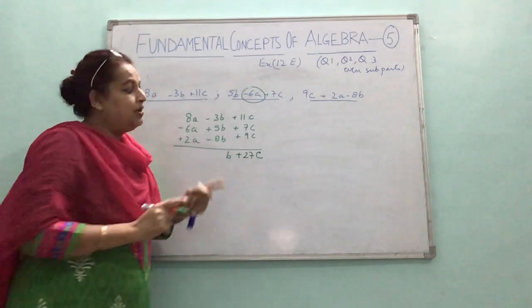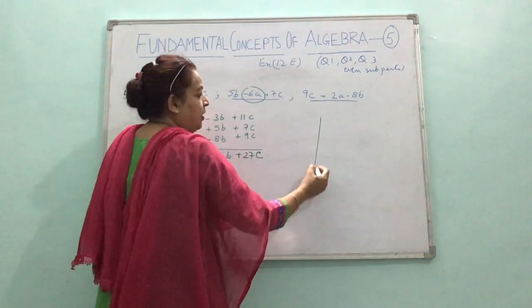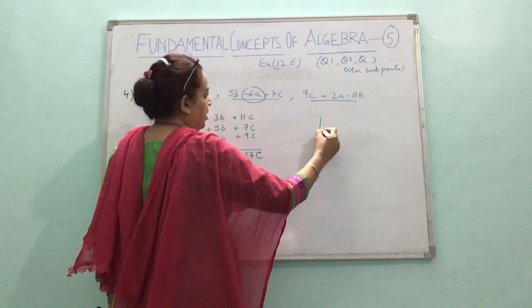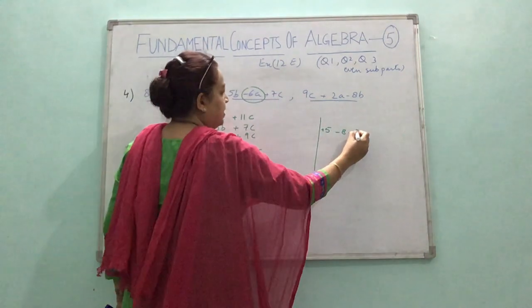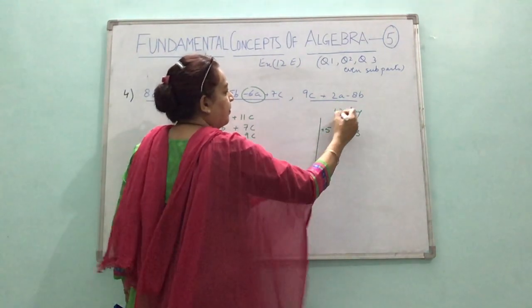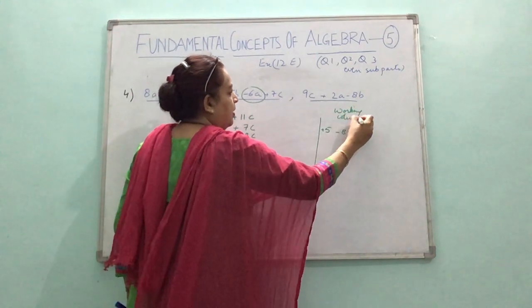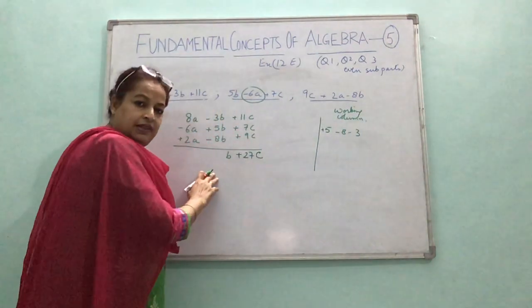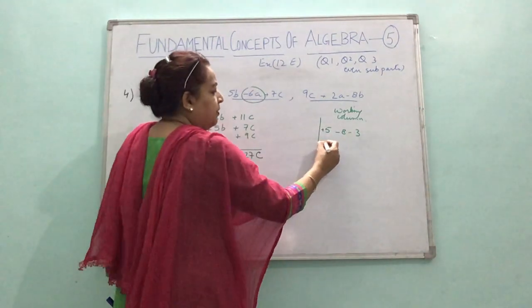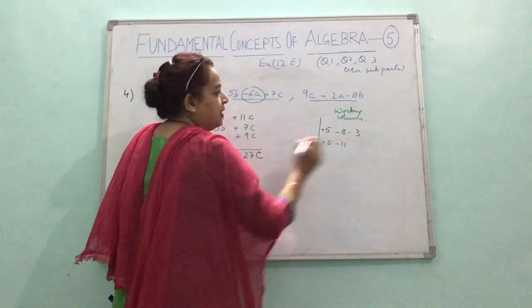Now if you can't do it orally, do it in the working column. So I have to add 5 and minus 8, minus 3. Don't do it here, otherwise it would be very congested. So to make it neat, if you can do orally, well and good, otherwise do it like this.